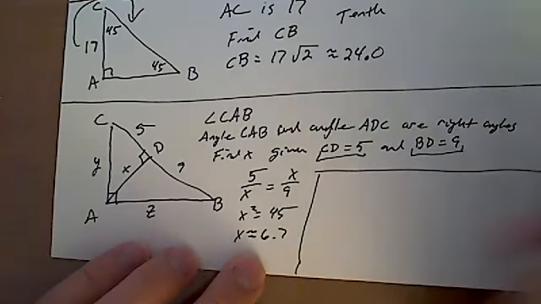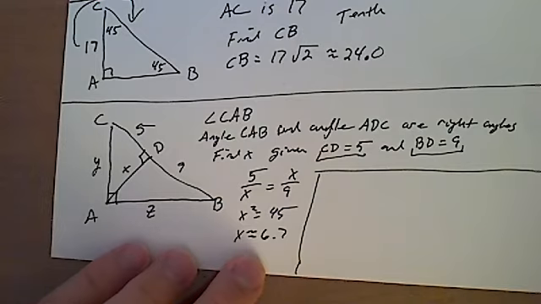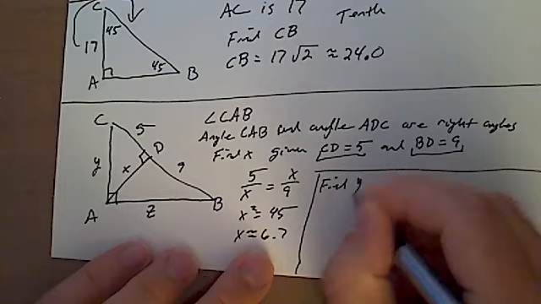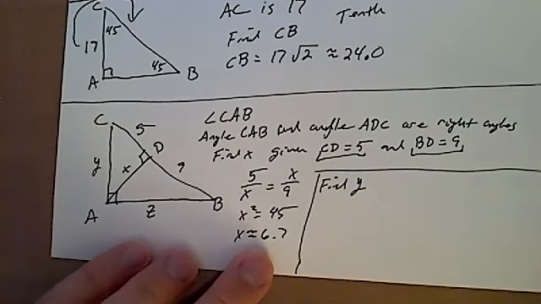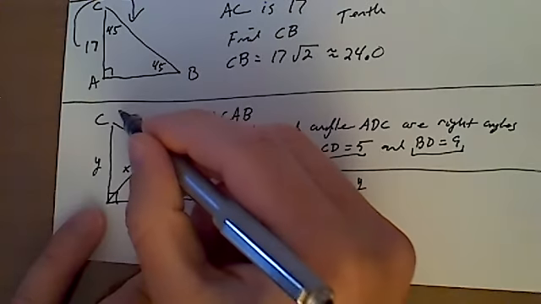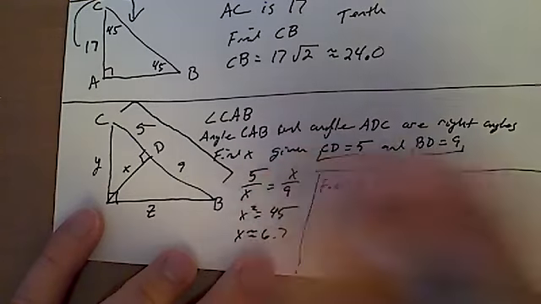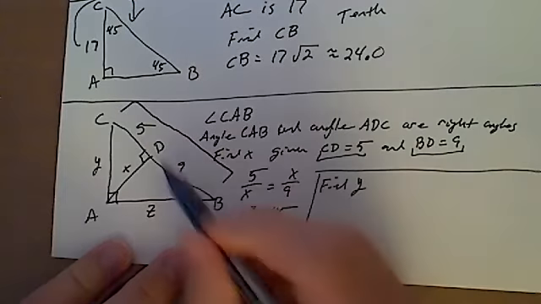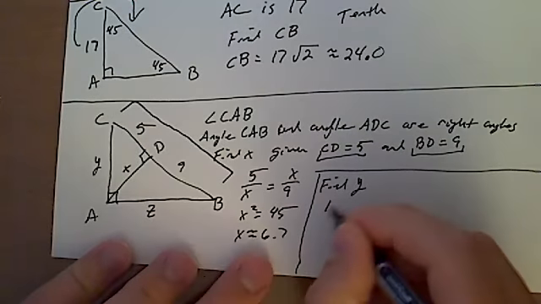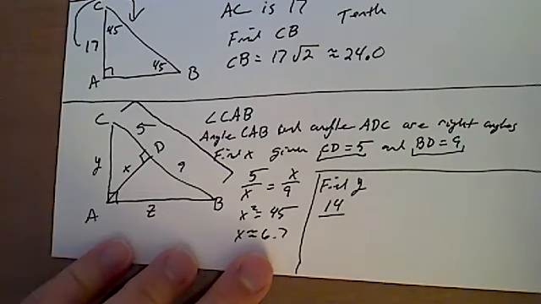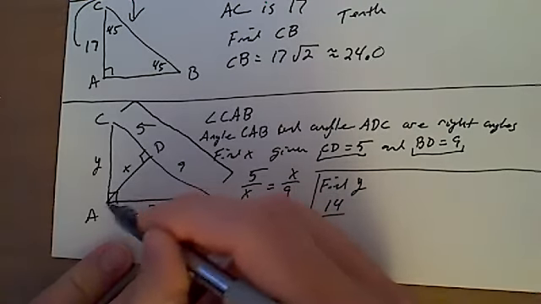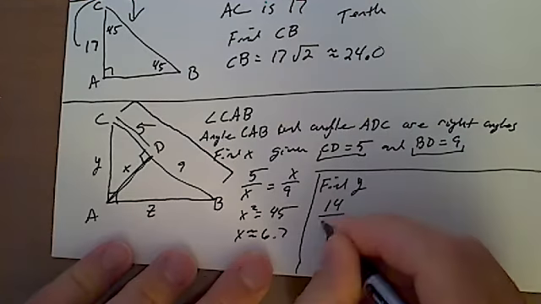In a follow-up question, I think in the same section, it might ask you to find y. This is also a geometric mean. However, now it's a geometric mean of hypotenuses and sides. So the hypotenuse of the large triangle is 14. That's over the hypotenuse of the smaller triangle with y in it, that is y.